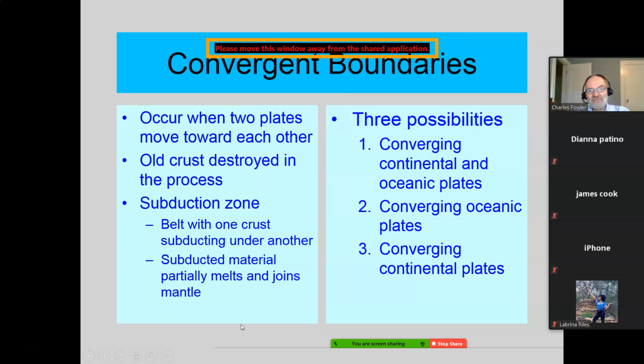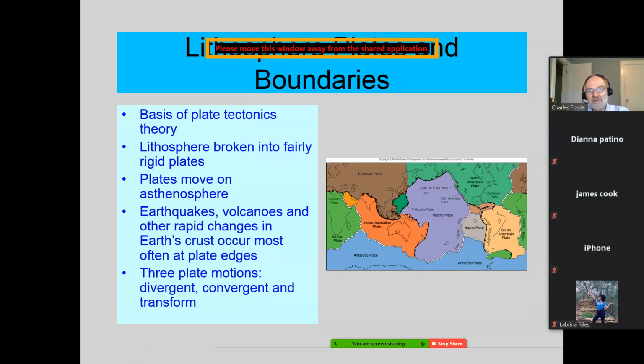Here's the example, the convergence of the South American plate with the Nazca plate. So let's go back and see that picture. South American plate over here, the Nazca plate subducting under the South American plate. And by the way, just inland here, the Andes Mountains rise up, a huge gradient going up.